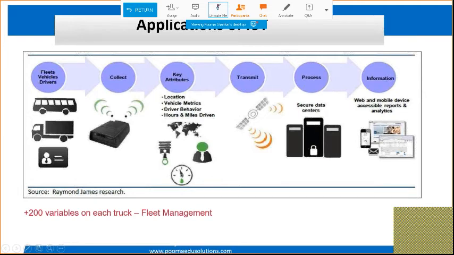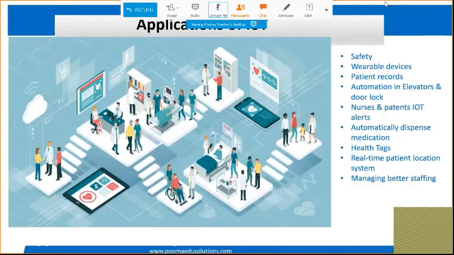Then it transmits the information, it is processed in the data centers, and we get the report. We can see how soon it has reached, whether it was supposed to reach, how much time it took, and where the traffic was more. So 200 plus variables are used in each truck. That is another important application of IoT, and it is creating big data also.